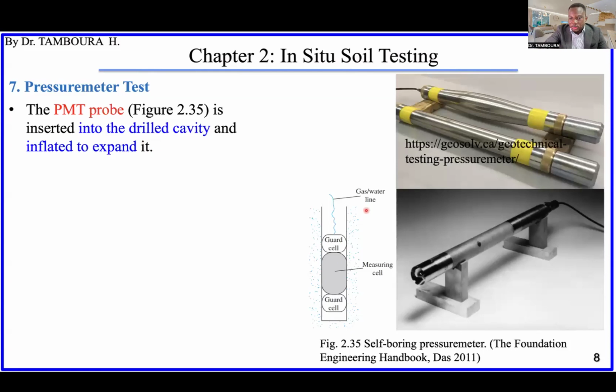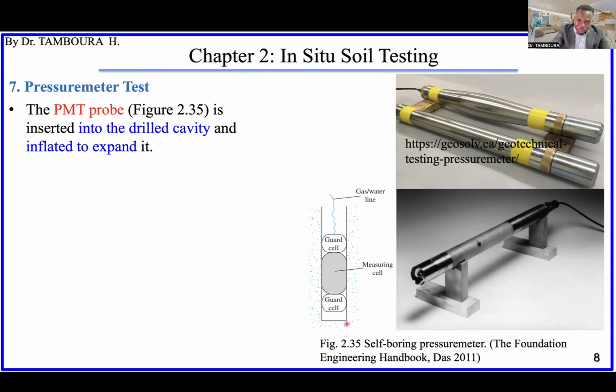There are several types, and here are some photos of some probes. This one here is like self-boring, meaning the probe is going down itself, boring and going inside itself. Self-boring probe. So here is an illustration of how it works.